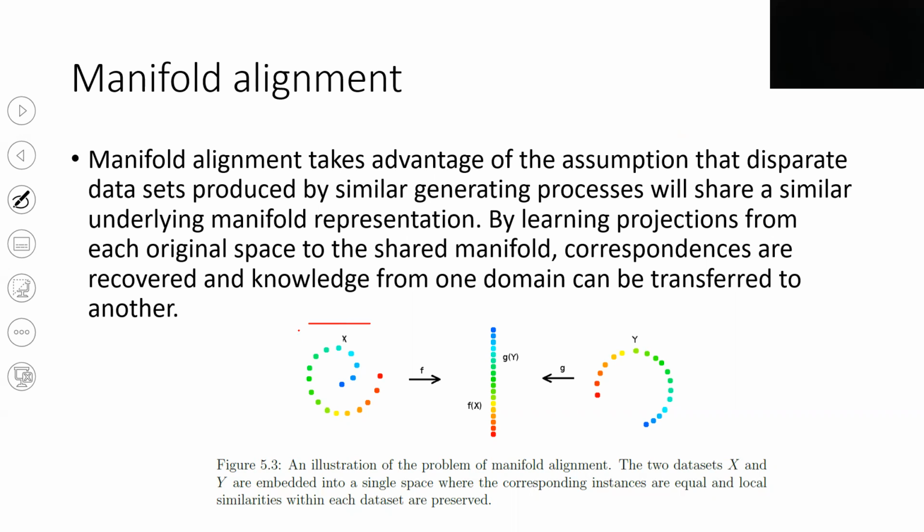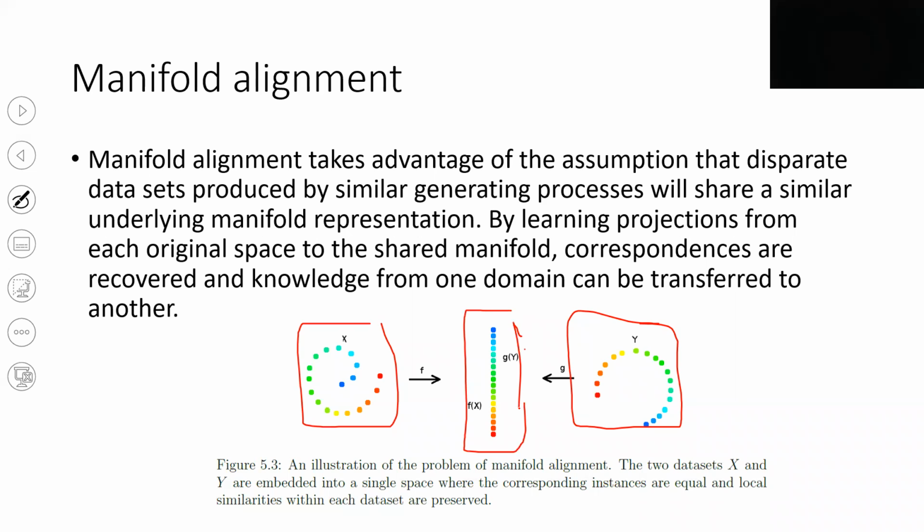So here you have data A, X, B, and you have the relationship between data points color coded, and they share a manifold, and then the projection also keeps the original relationship between data points.